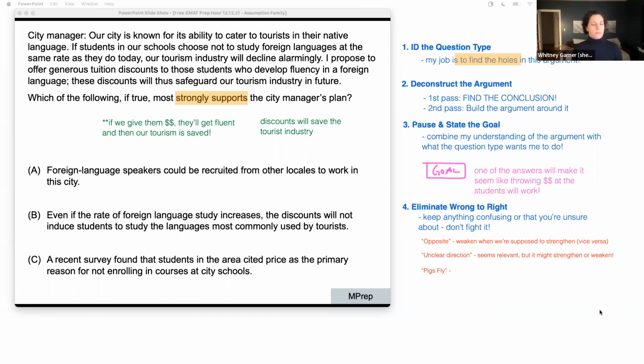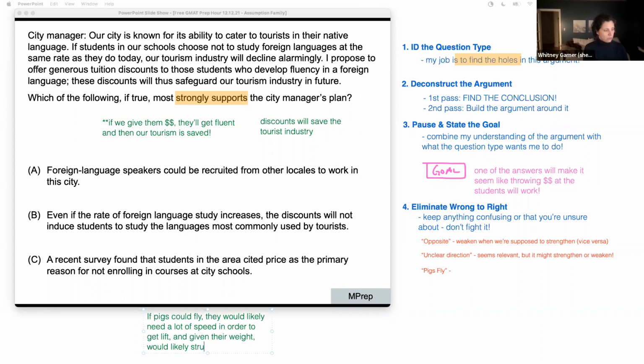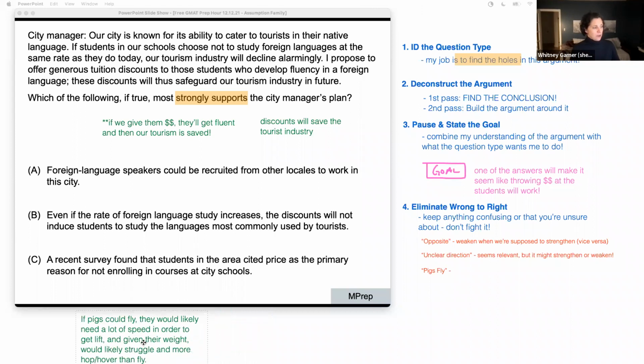We get up on stage, and I say, well, if pigs could fly, they would likely need a lot of speed in order to get lift, and given their weight, would likely struggle and more hover than fly. That's my argument.